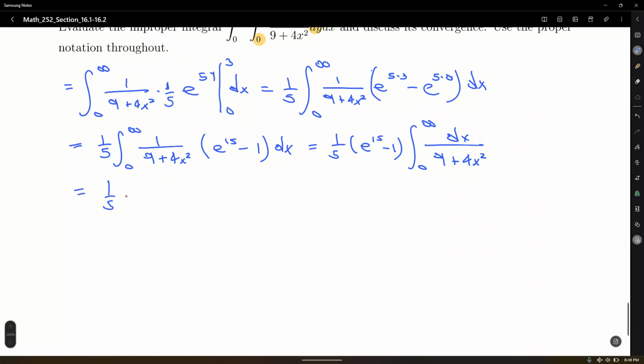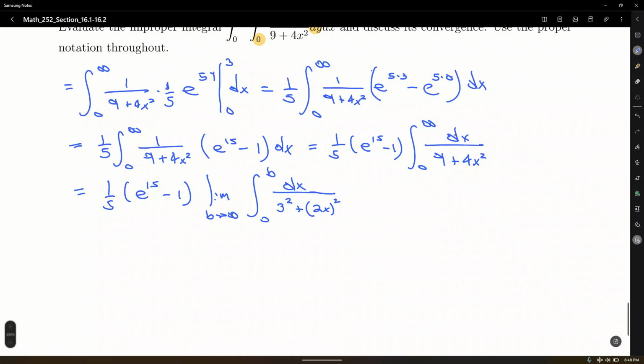That is 1/5 e to the 15 minus 1 times the limit as b approaches infinity of the integral from 0 to b dx over 9 plus 4x squared. Actually, I'm going to write this 9 plus 4x squared as 3 squared plus the quantity 2x squared.